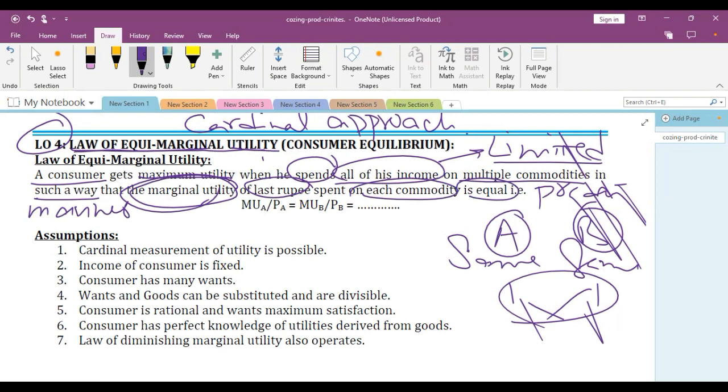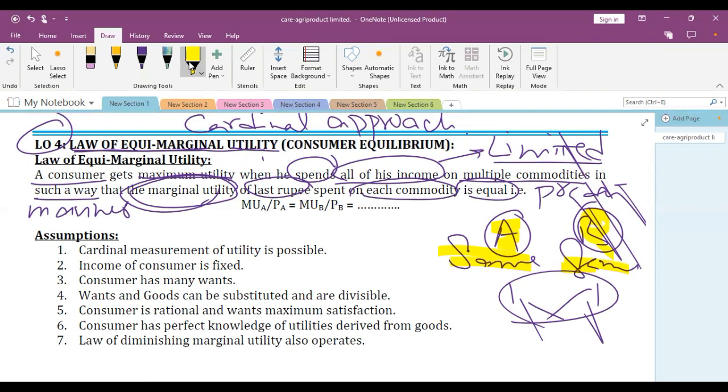Means if both products, product A and product B, give the same level of satisfaction to the customer, then we will try to consume both products in a combination form, so utility can be maximized rather than using only one product in place of another.